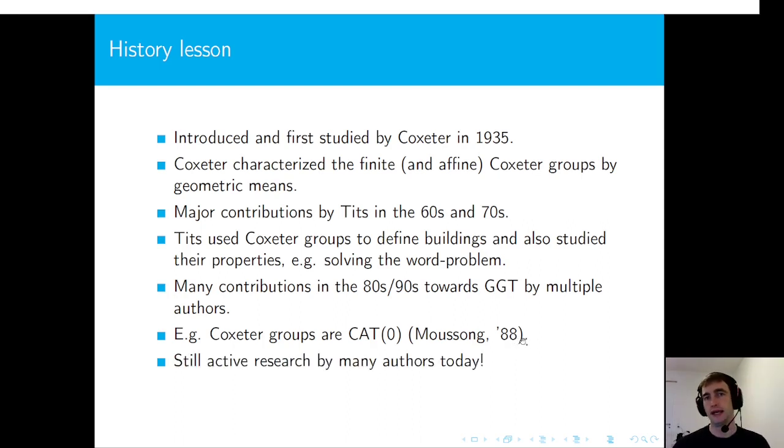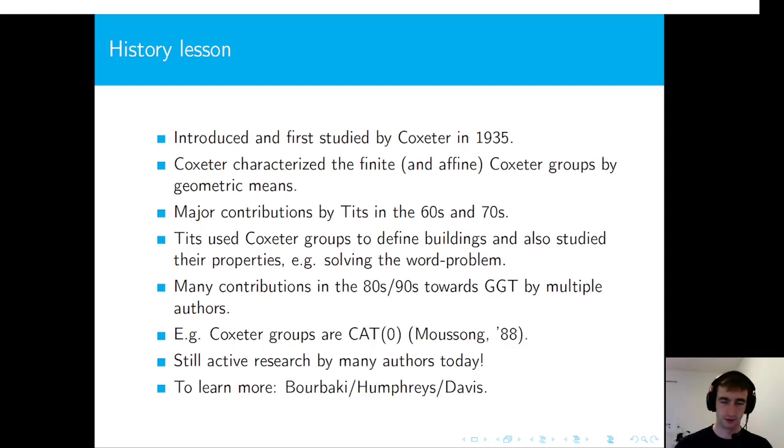And even today, there is active research on Coxeter groups by many authors. Different questions can be asked for these groups, and many people work on them. And if you want to learn more, the three standard references in my experience are a book by Bourbaki, one by Humphreys, and one by Davis, which I will be showing on the very last slide.